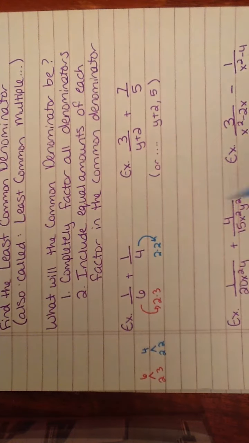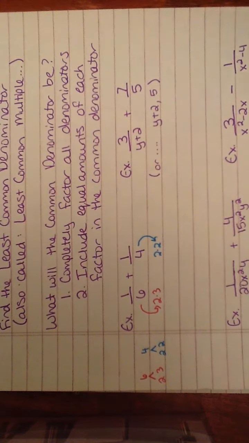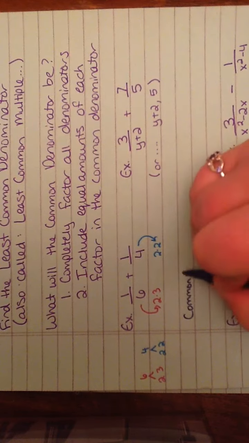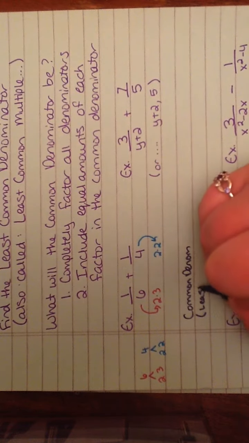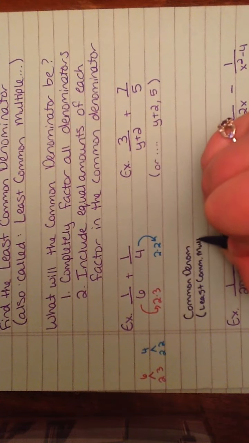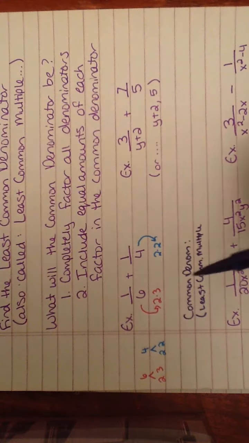Okay, so what this says by include equal amounts of each factor in the common denominator. This means for my common denominator, also sometimes called the least common multiple, I need to include equal amounts of each.